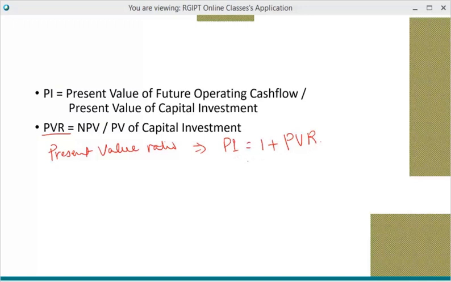Then also, there are several terms: present value index, discounted profit to investment ratio, investment efficiency. Several terms have been coined to take into account the size of the initial investment. So that is again an important aspect. Based on that, you can either accept or reject a particular project.